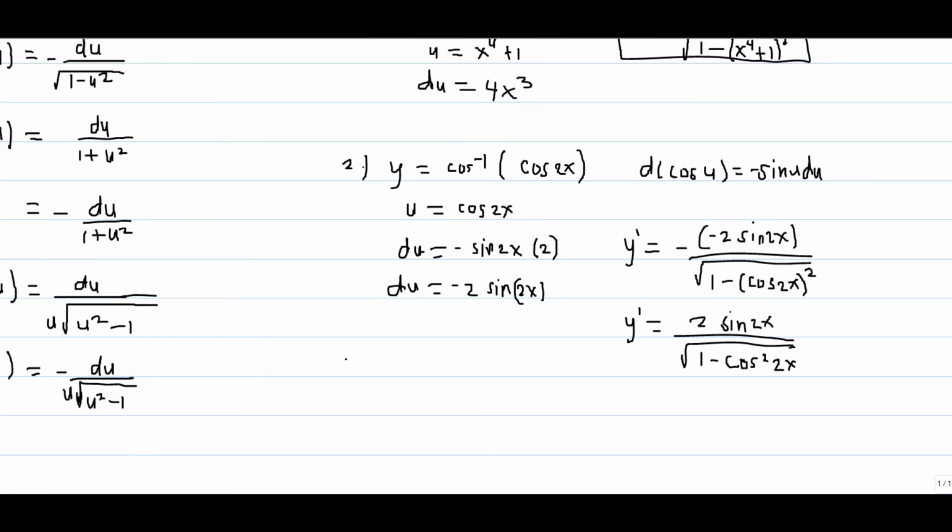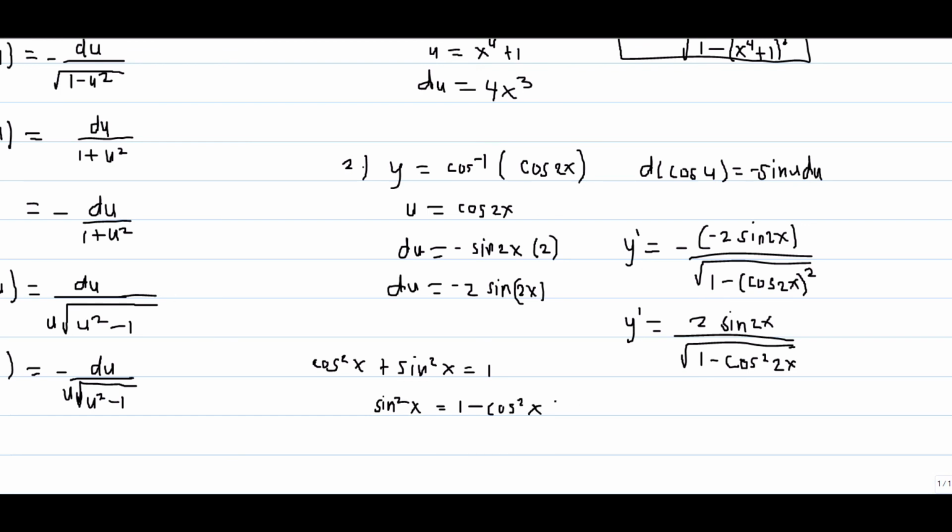Take note that in the trigonometric identities, in relation to Pythagorean, cosine squared x plus sine squared x is equal to 1. So the equivalent of sine squared x is 1 minus cosine squared x.